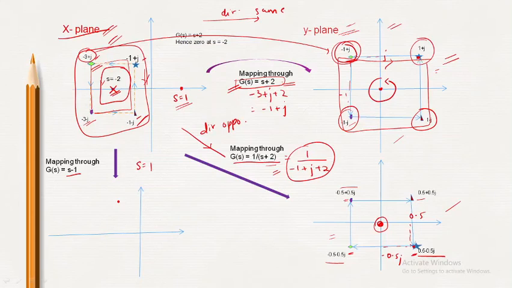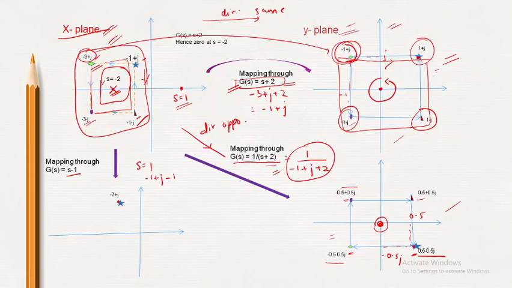Let's see. Similarly you can do the same thing. S minus 1 means you again have to substitute the value of s. The first point that I am taking is minus 1 plus j. Subtracting 1 gives the point minus 2 plus j.